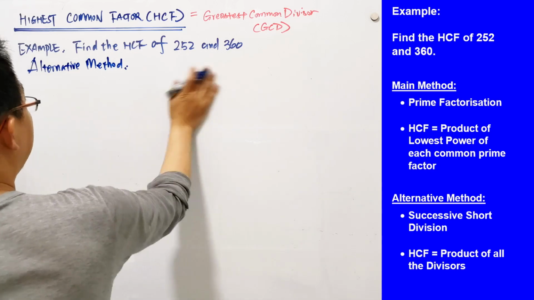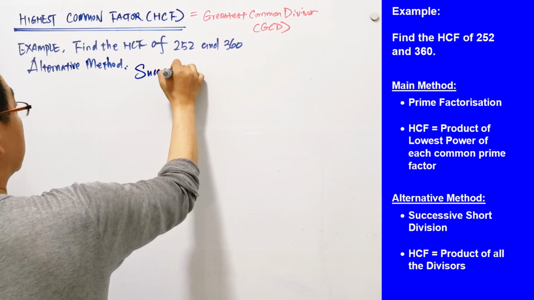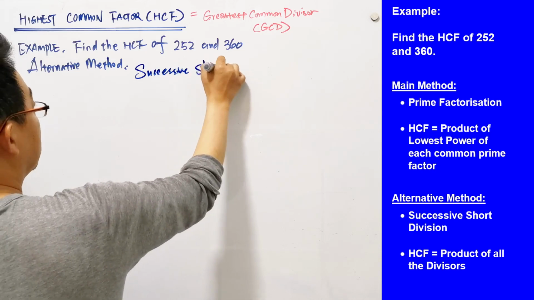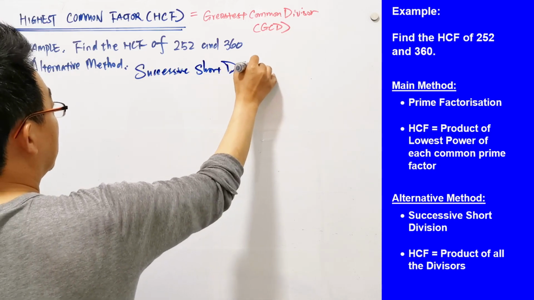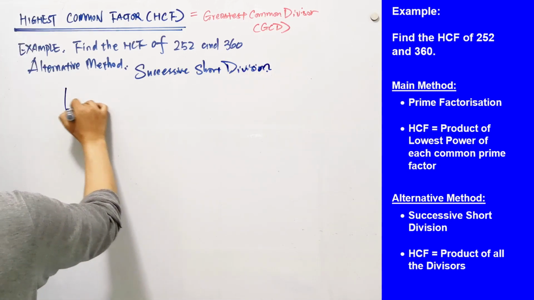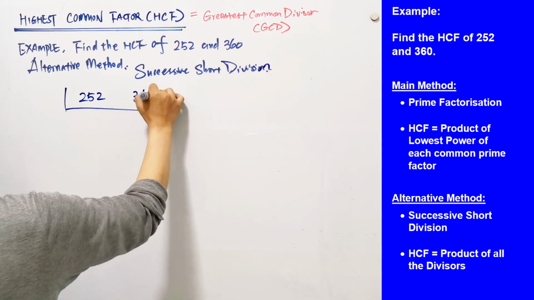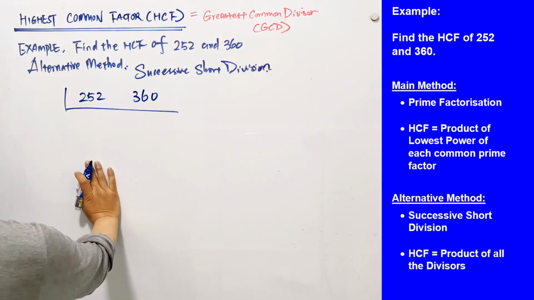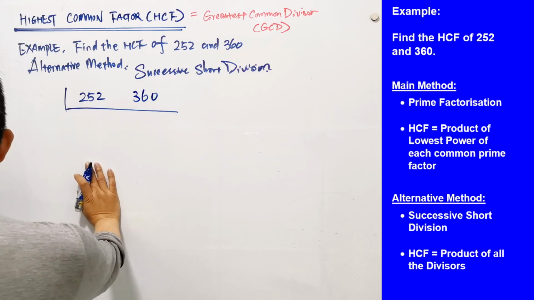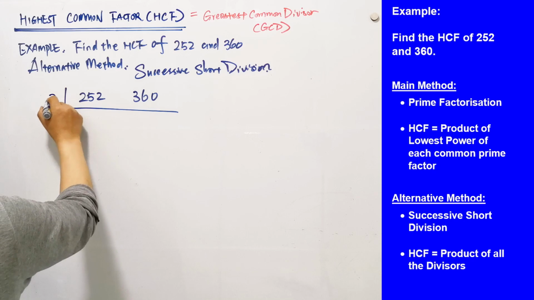Okay, we call it the successive short division, right? Do you remember that? So we put these two numbers together, 252, 360. Apparently, 3 can be used to divide these two together. So in this case, it's 3.